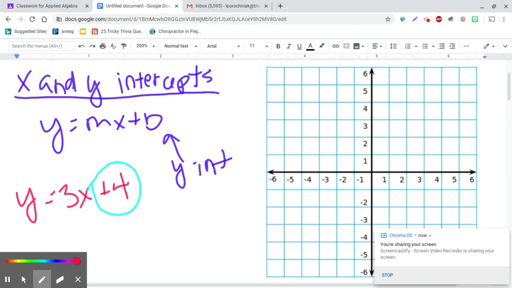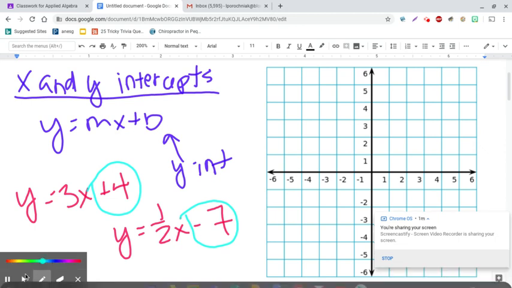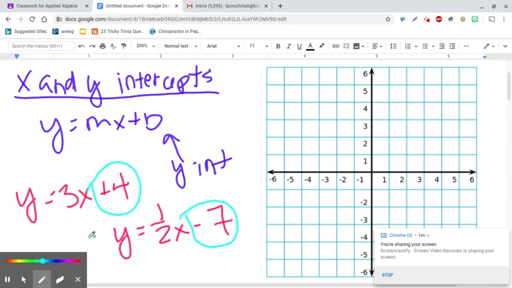If we had an equation like y equals 1/2 x minus 7, our y-intercept would be -7. All right, so hopefully that part, if it is in y equals mx plus b form, should be very easy for you to understand what the y-intercept is. But right now we are going to look a little bit on graphs to find the x and the y-intercept.